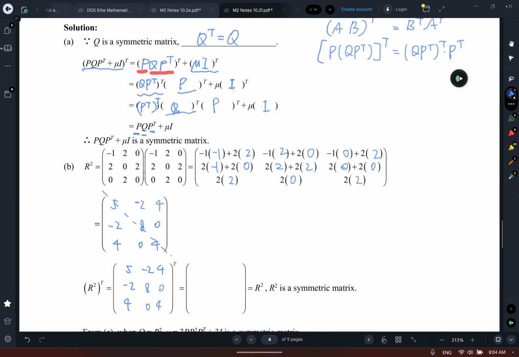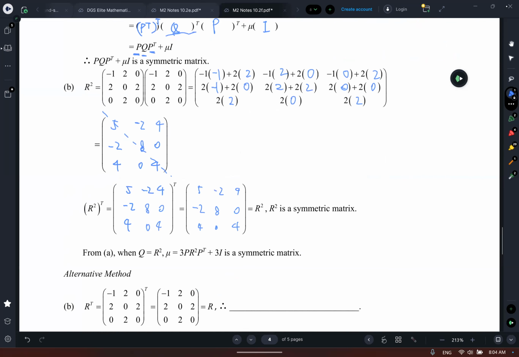It's equal to itself. So R square is symmetric. According to part A's answer, if we let Q be R square and mu be 3, then this is a symmetric matrix from the result of A.